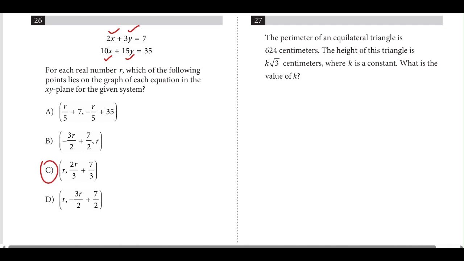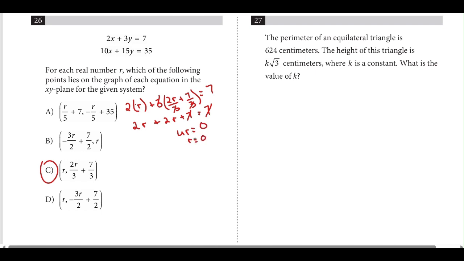I'm just going to solve one of them, the C, because the solving is the same for all of them. So 2r by 3 plus 7 by 3 equals 7. So I'm going to solve for r. I cut the 3's because of numerator and denominator, cut the 7, and it gives me 4r equals 0, which means r is equal to 0.